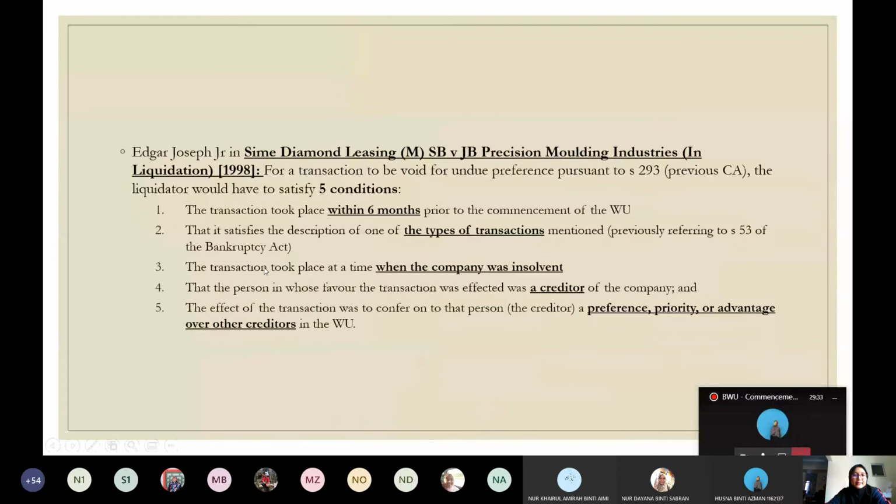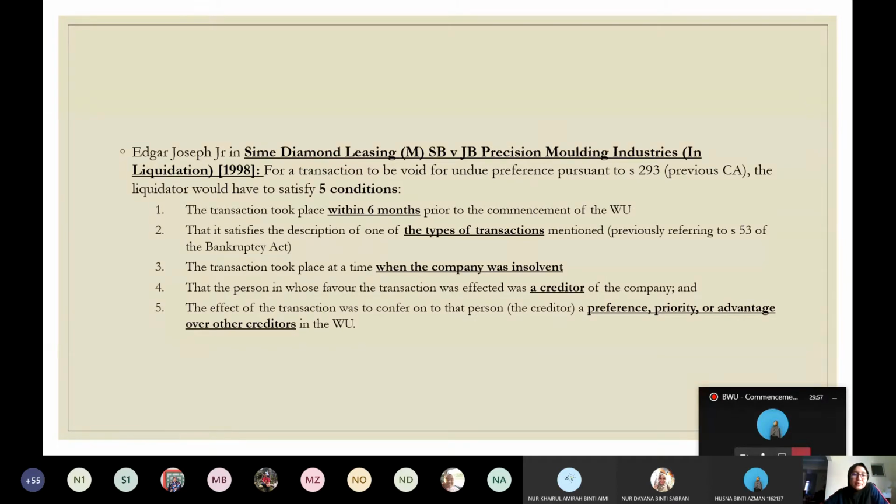Okay, and then the transaction took place at the time when the company was insolvent. So the inability of the company to pay debt is important here. And then the person in whose favor the transaction was effected was a creditor of the company. If it was given to someone else, it does not fall under this; it falls under disposition of property, as just now.